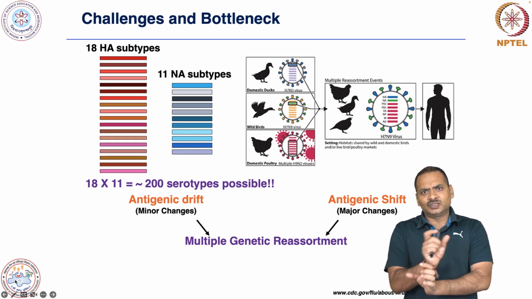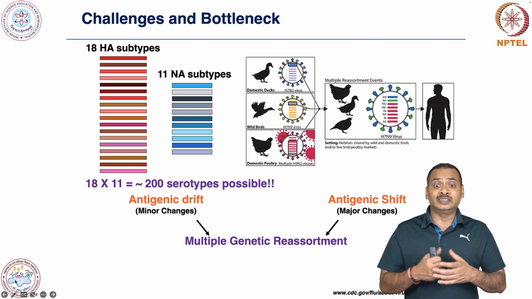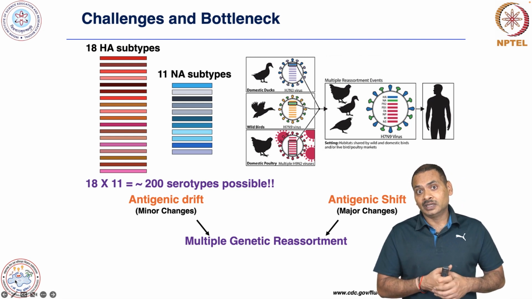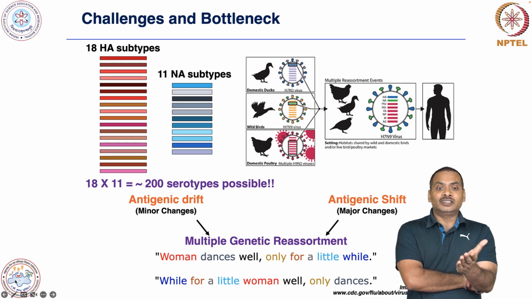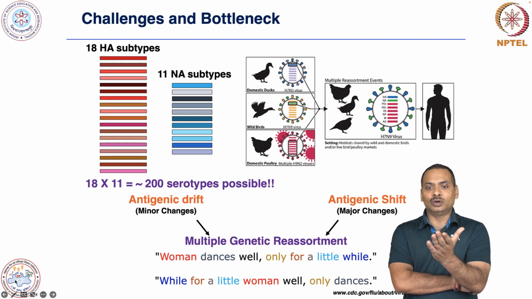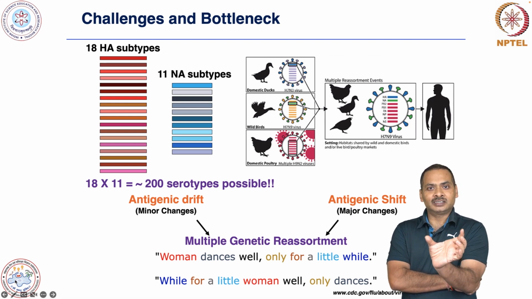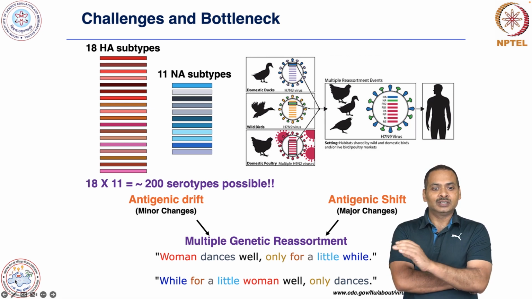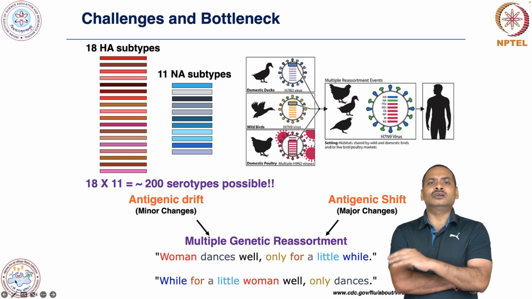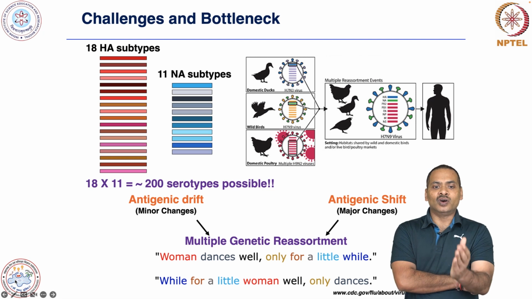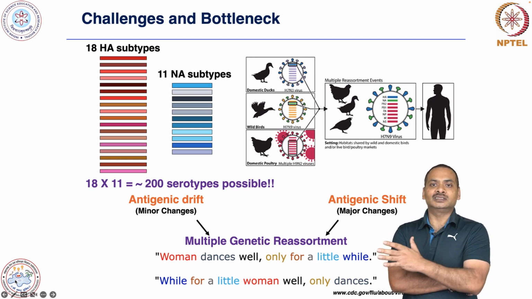There is an exchange of segments, which we call multiple genetic reassortment. It can be like this: Woman dances well only for a little while. This sentence has these words, but using the same words, the whole meaning can be changed, like: while for a little woman well only dances.